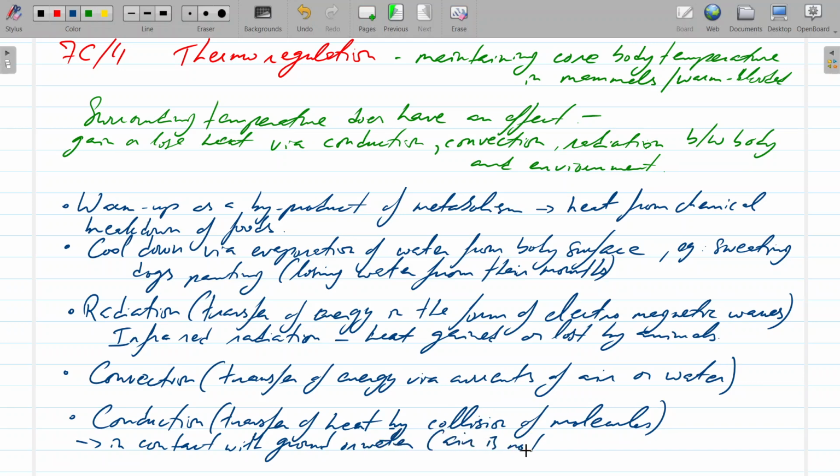So air is not a good conductor of heat. And neither is fat. In fact, both of these are insulators. The role of fats, not so much but air, in insulating the body and reducing the loss of heat will be mentioned later on.